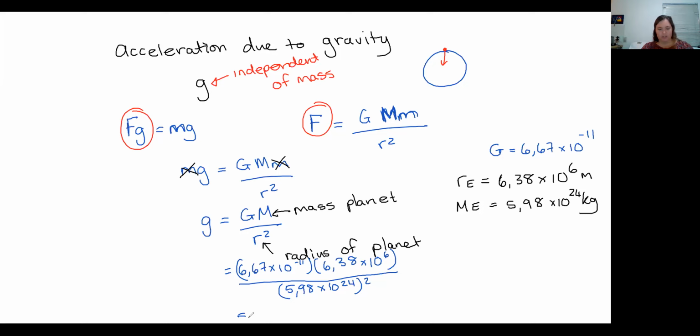Just got to make sure you square it in the right place. That did not give me the right answer, so I'm going to have to do it again. 6.67 times 10 to the minus 11 times 6. You've got to be very careful with your calculator on things like this, especially when you're timesing things unusually. And then I divide it by, have I done this the right way around?